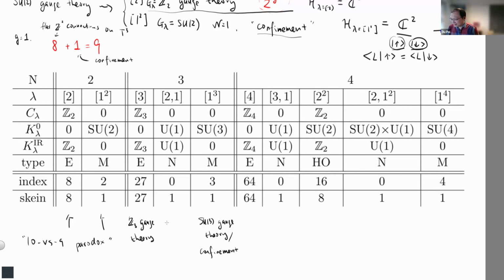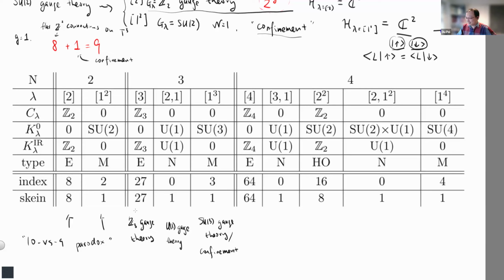In the middle, there is a phase where the infrared physics is described by U1 gauge theory. So it's like QED, but without the electron. The Maxwell theory. And the Witten index equals 0, but it still contributes to the skein module.